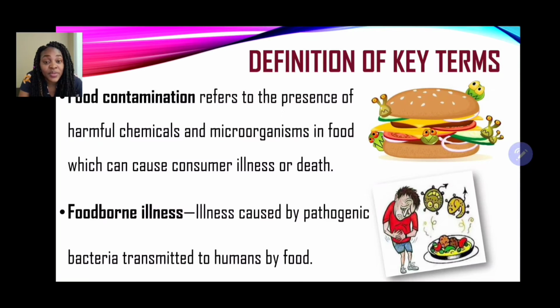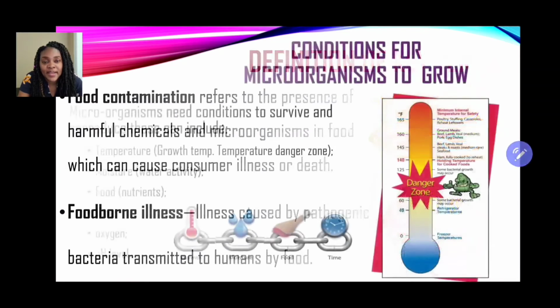And finally, we're looking at foodborne illnesses, and these are illnesses that are caused by pathogenic bacteria transmitted to humans by food. When we speak of pathogenic bacteria, we're talking about the harmful bacteria transmitted to humans by food.